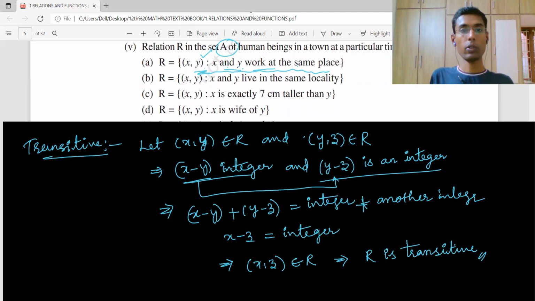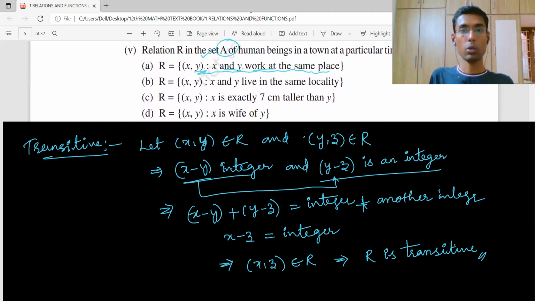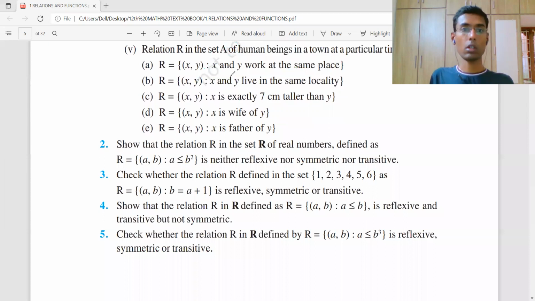Now here is the fifth question. The fifth one also has some sub-bits. Relation R in the set A of human beings in a town at a particular time. R equals (x, y) such that x and y work at the same place.